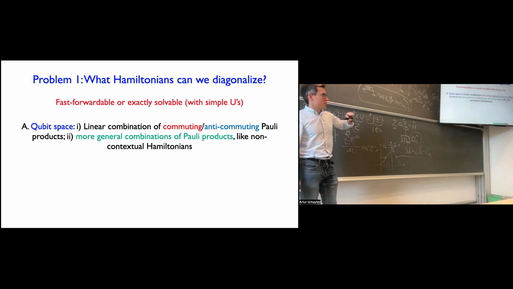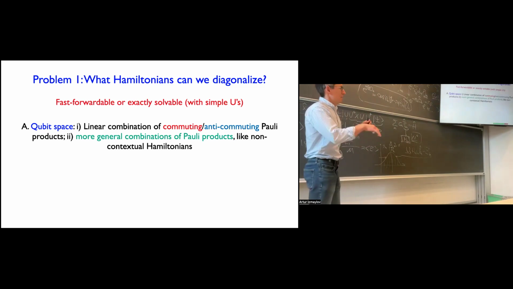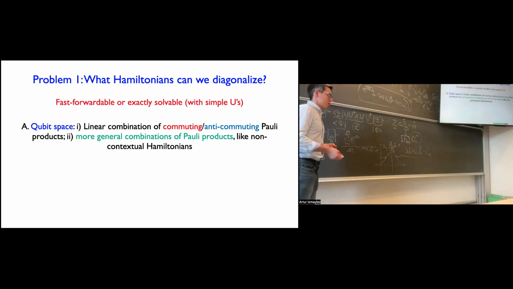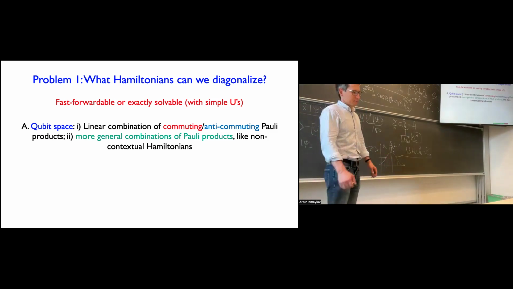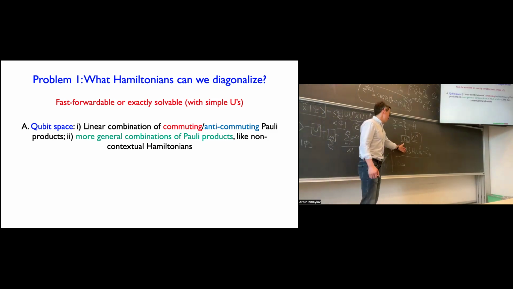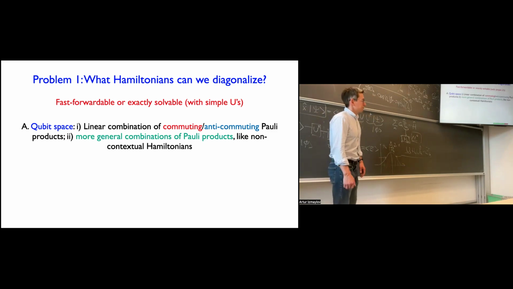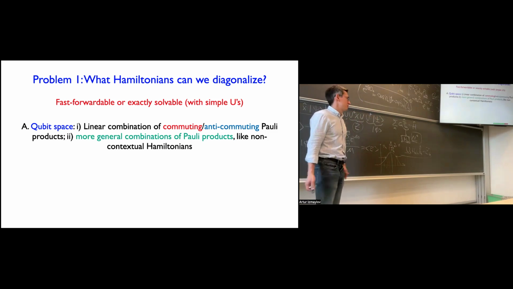And depending on which algebra you are considering, there are multiple heuristic approaches. There is no general theory known to me of how to determine which Hamiltonian could be exactly solvable using some simple unitaries, because the notion of simplicity is not very well mathematically defined.